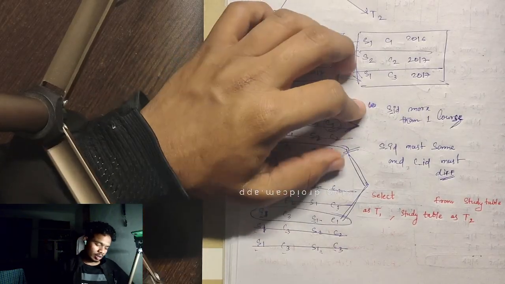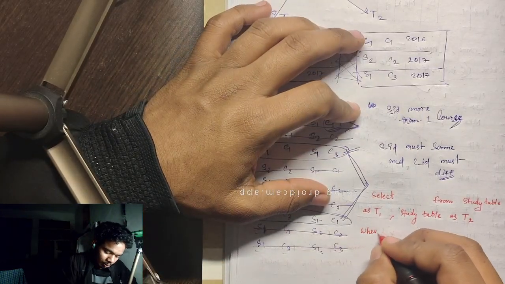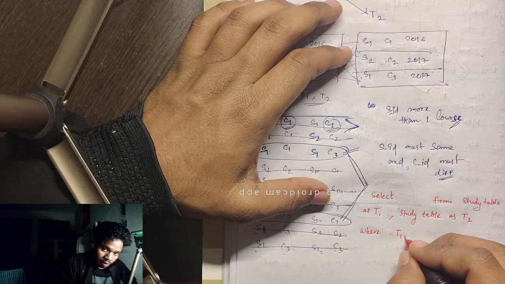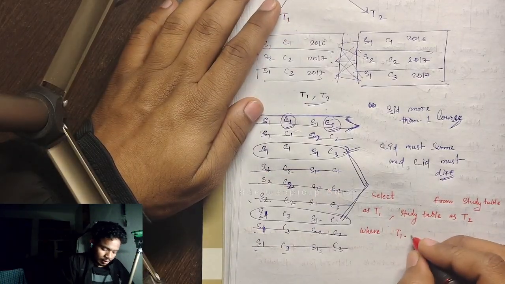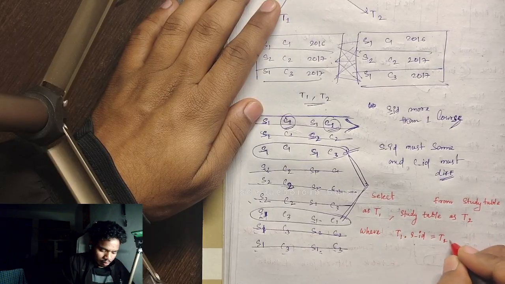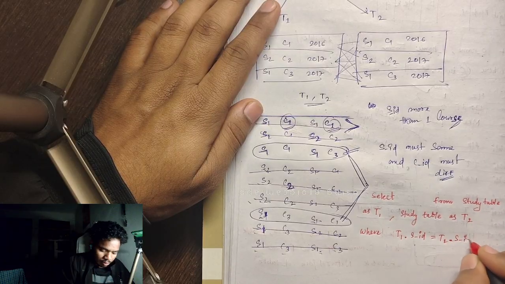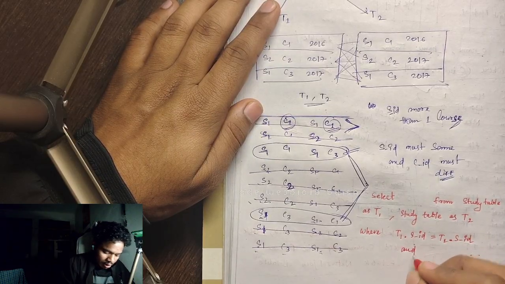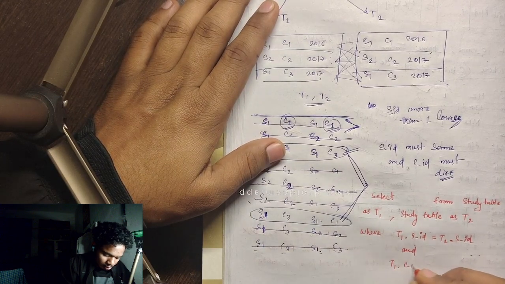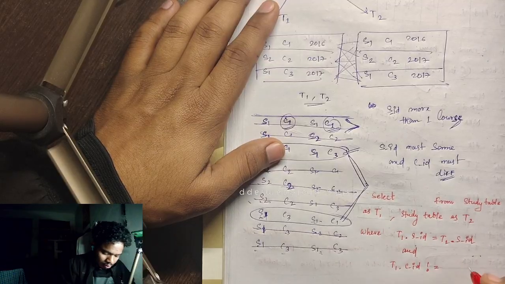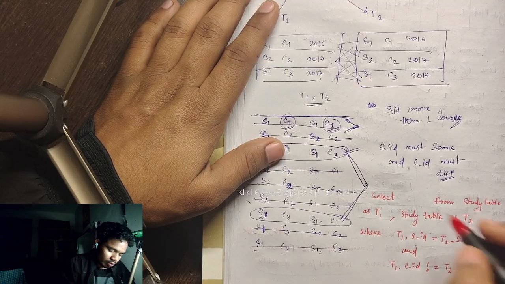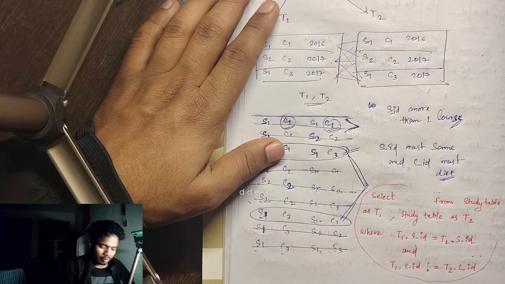We did T1 and T2. Where T1 student ID is equal to T2 student ID, the student ID must be the same, and T1 course ID must not equal T2 course ID. Then we will get the result.